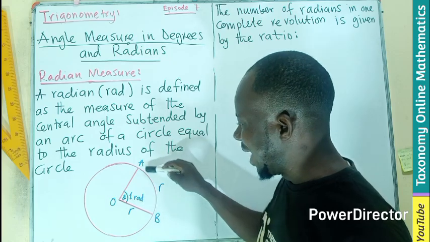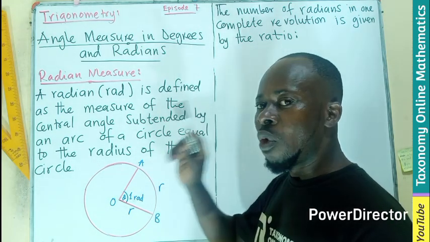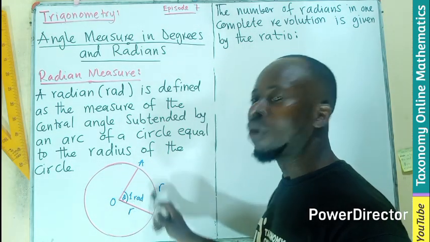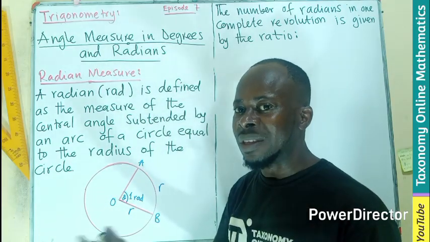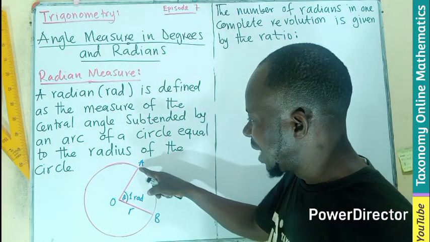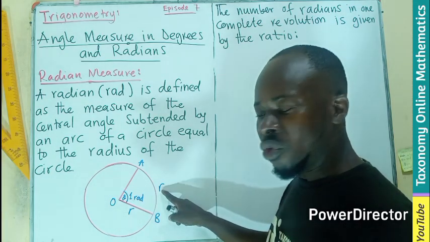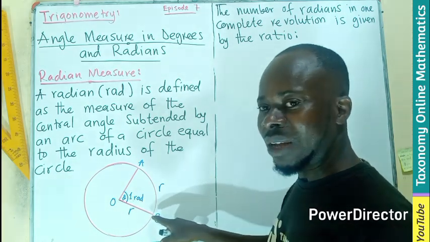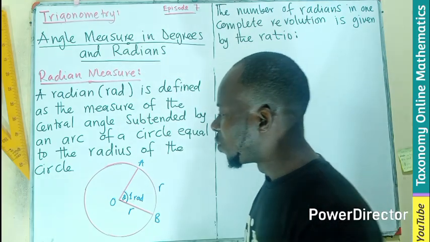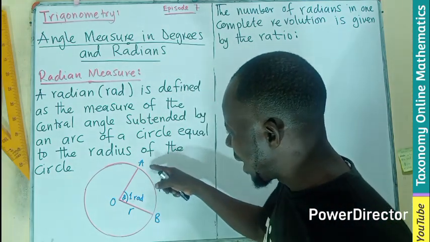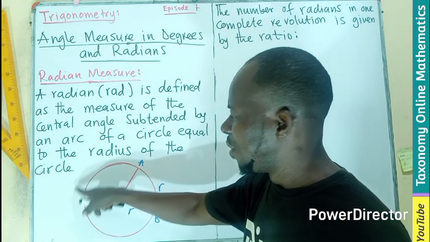So the moment the length of the arc is of equal length to the radius of the circle, then the radian measure can be applied or is established. So you can see from here, the length is R, which is also having the same dimension as the radius. So that is the fair definition we can give to radian. Now, if you look at AB, there are a series of AB we can get.